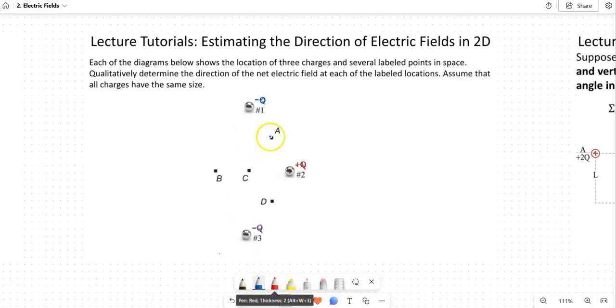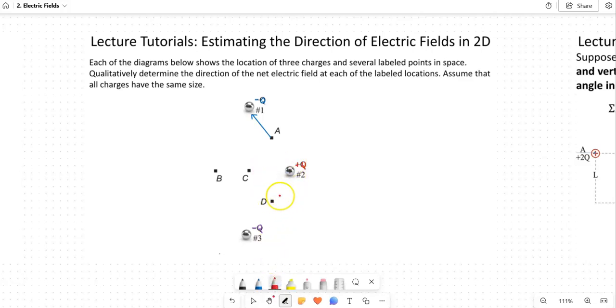Starting with this negative Q, it's going to have a large electric field pointed up and towards it. You're just drawing the electric field vectors. You don't have to label them in this one.